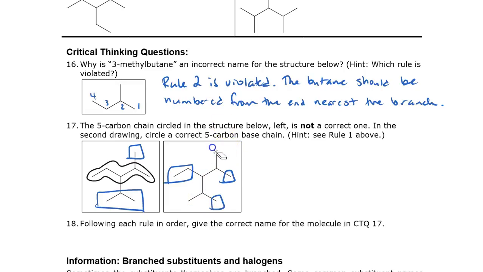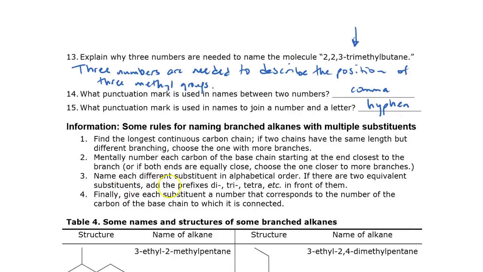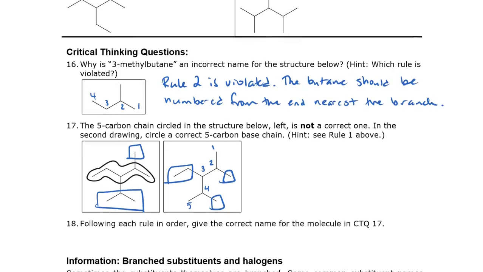So let me erase my circle just so I can fit these numbers in. 1, 2, 3, 4, 5. If you had a different circle, your numbers will be different, but that's fine. Go ahead and do yours your way. Rule 3, name each different substituent in alphabetical order. So let's take inventory of what we've learned so far.